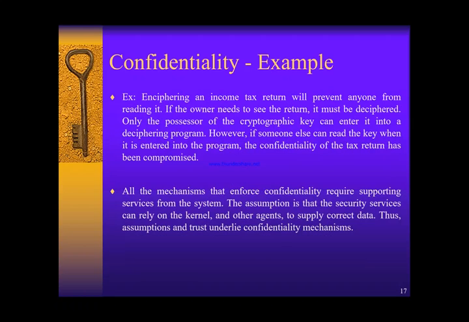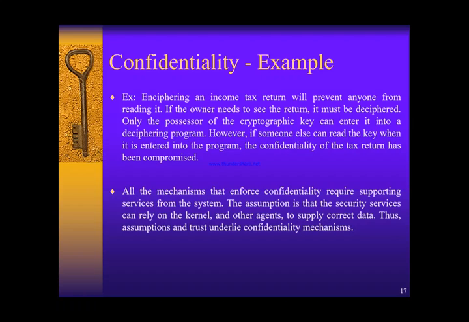So here, if you can see the example, enciphering an income tax return will prevent anyone from reading it. If the owner needs to see the return, it must be deciphered. Only the possessor of the cryptographic key can enter it into a deciphering program. However, if someone else can read the key when it is entered into the program, the confidentiality of the tax return has been compromised.